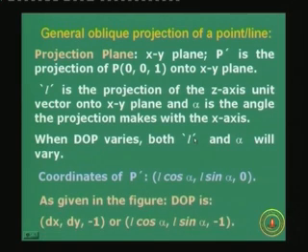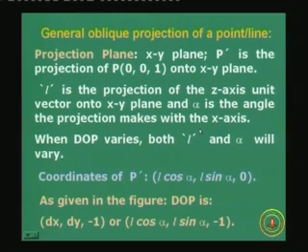So, this much at least we can write, and as given in the figure, the direction of projection can also be written as dx, dy, minus 1, where dx, dy are nothing but direction cosines given as L cos alpha, L sin alpha, minus 1. This you should be able to derive yourself.